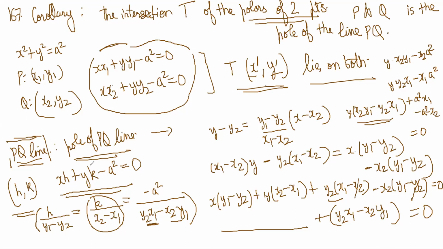The pole of this line PQ is the same as the point of intersection of polars of P and Q. So basically, let's look at it like this. P was this point, polar of P was this, okay? And Q was this point.